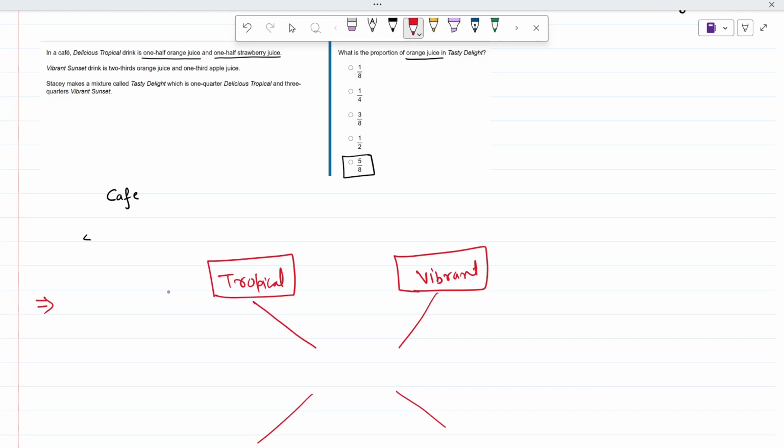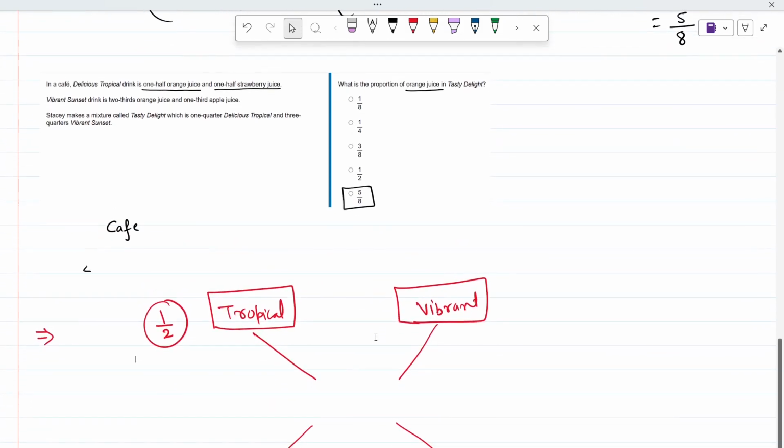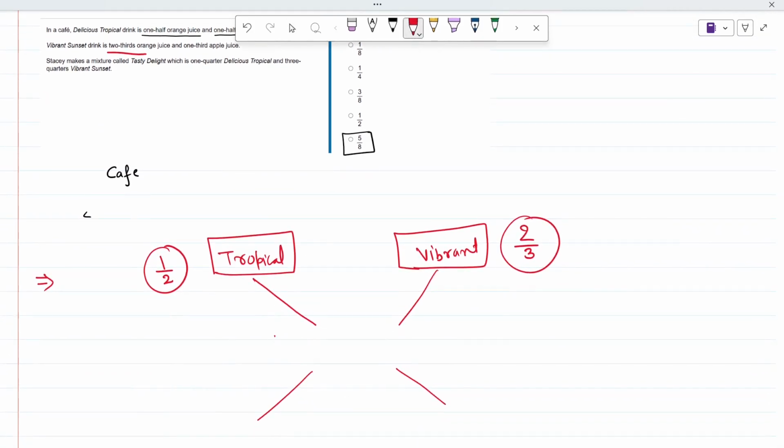So what is the ratio of the orange in the tropical drink? It is 1 by 2. And what is the proportion of orange juice in the vibrant drink? See, it is written that the vibrant drink has 2/3 of orange. So let me write here 2/3. Here I will have the mixture. This is the final mixture, the orange portion will come here.